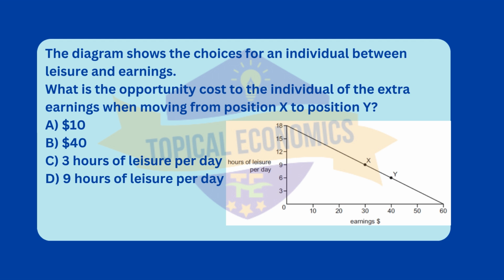This question is from year 2016 May-June version 1 paper. The correct answer for this question is option C. With the movement from X to Y, it is clearly seen that the number of leisure hours reduces from 9 hours to 6 hours per day. So, the opportunity cost is the loss of 3 hours of leisure per day.